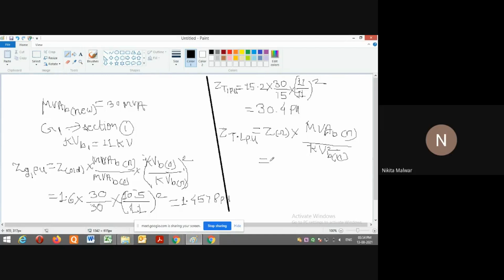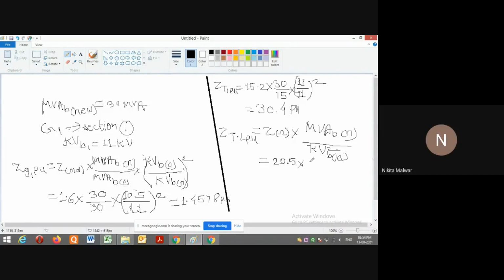Your impedance for this transmission line is already given in the question. What is the impedance for the transmission line? 20.5. 20.5 multiplied by, we will take all the new values.